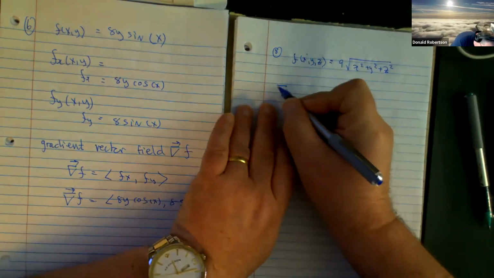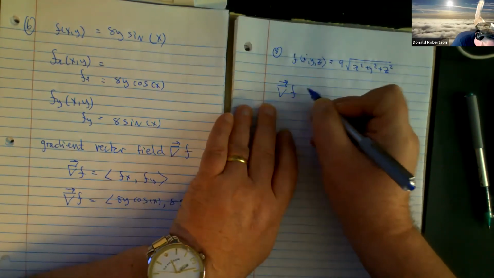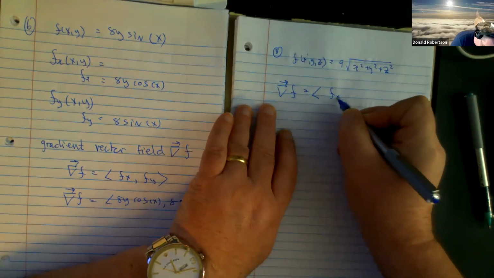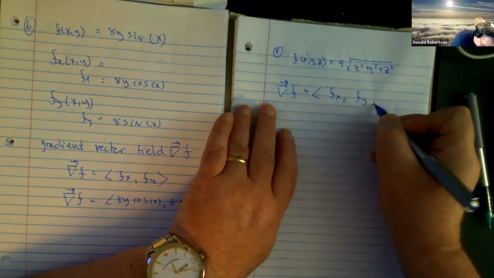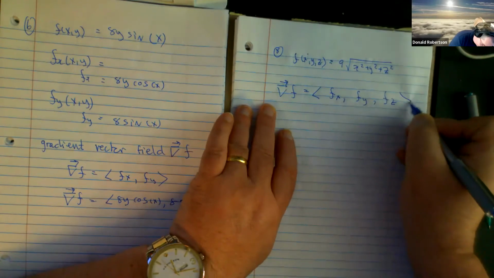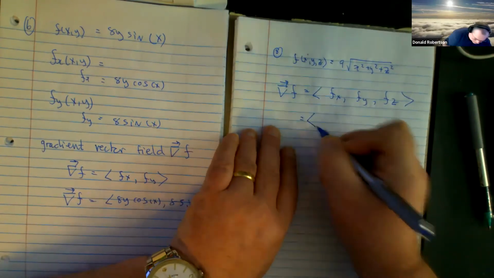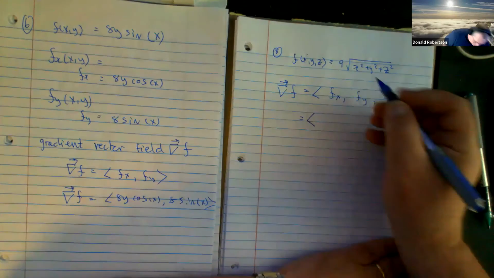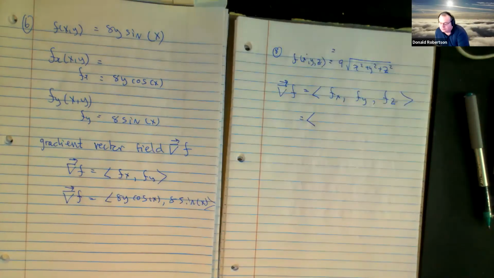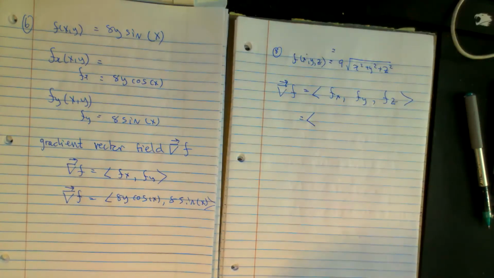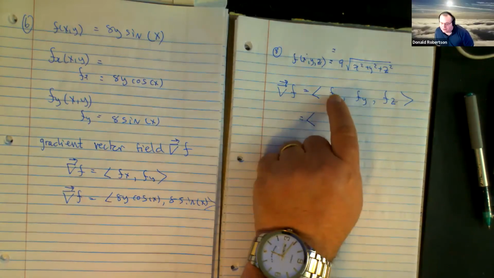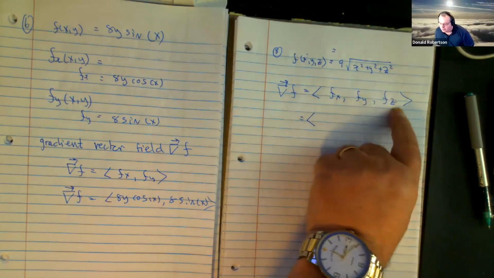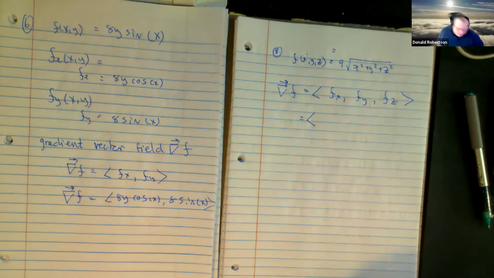In other words, partial derivative x, partial derivative y, partial derivative of z. Is there anything I can do to make my life simpler in this question? It's symmetrical. Right. So whenever I get the answer to this one, shouldn't I be able to predict the other two without having to do them from scratch?